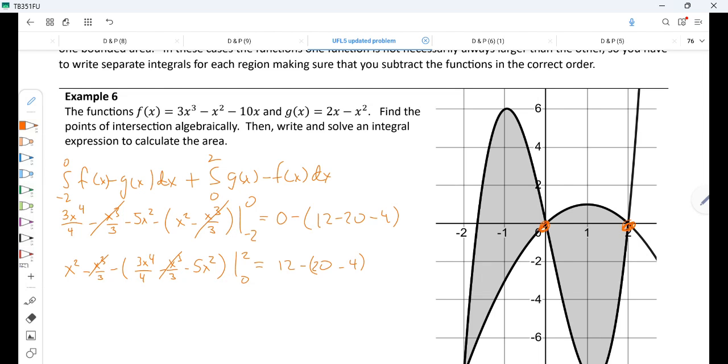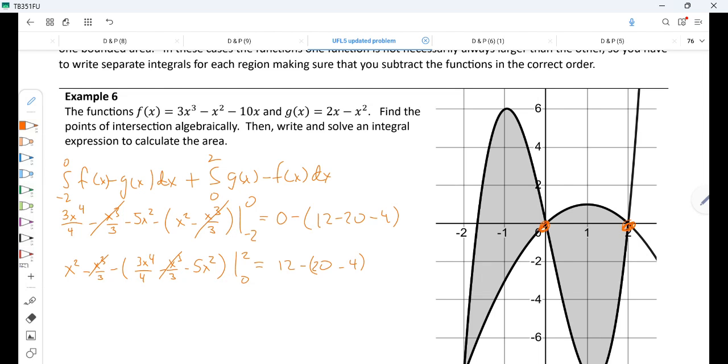If you get a negative area, you haven't put the correct function on top. And x squared. It's the x squareds that cancel out. They're the only odd ones. Nope, I have the... I mean, yeah.